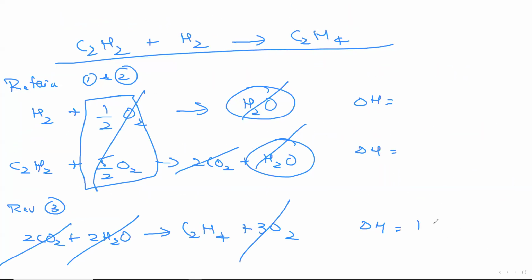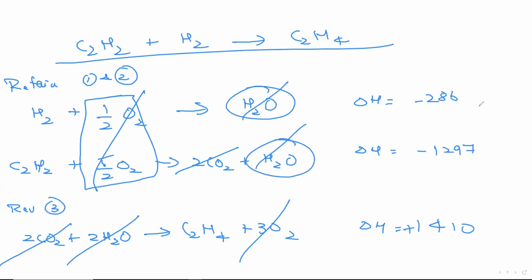I copy paste everything except for the last one. I reverse it, so it becomes plus 1410, minus 286, minus 1297. Now what and all is remaining? H2 is remaining, plus C2H2 is remaining, gives me C2H4, which is exactly what I wanted.